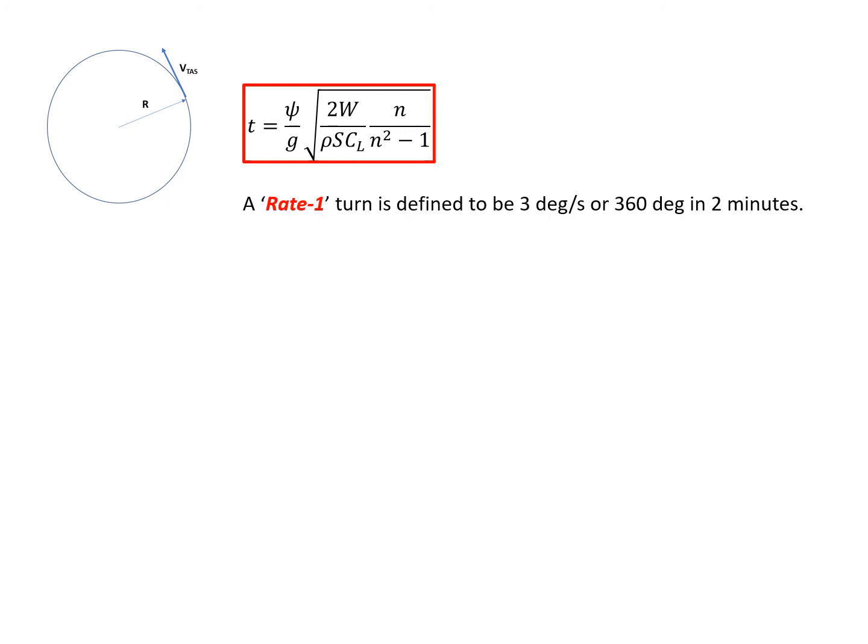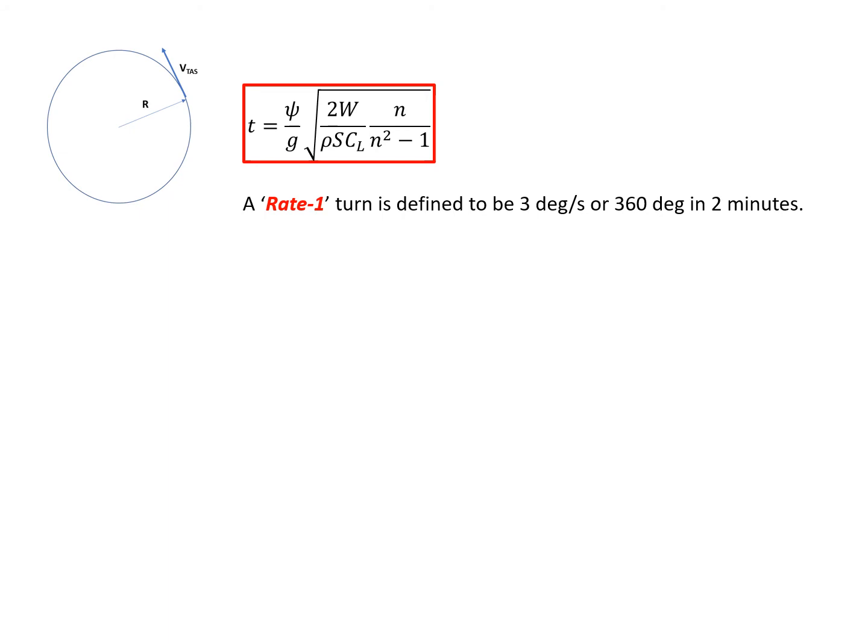And now let me introduce another important thing, the rate 1 turn, which makes the bank turn more comfortable for pilots. A rate 1 turn is defined as 3 degrees per second, or you complete an entire circle turn in 2 minutes.